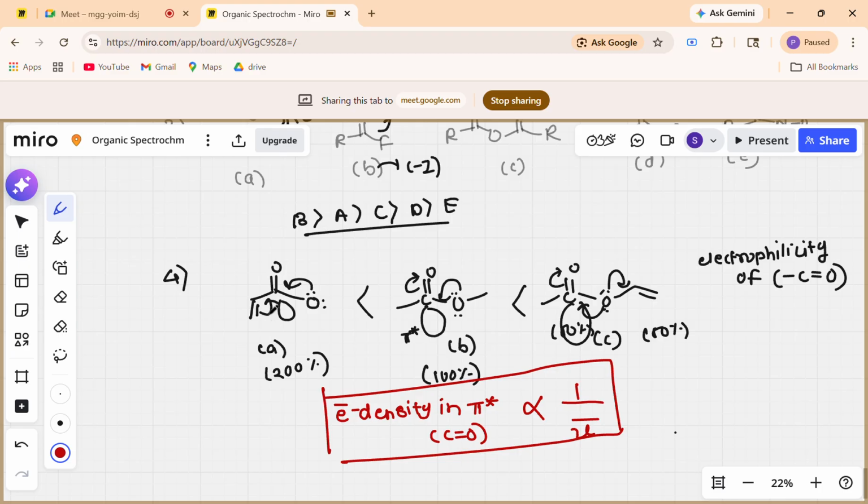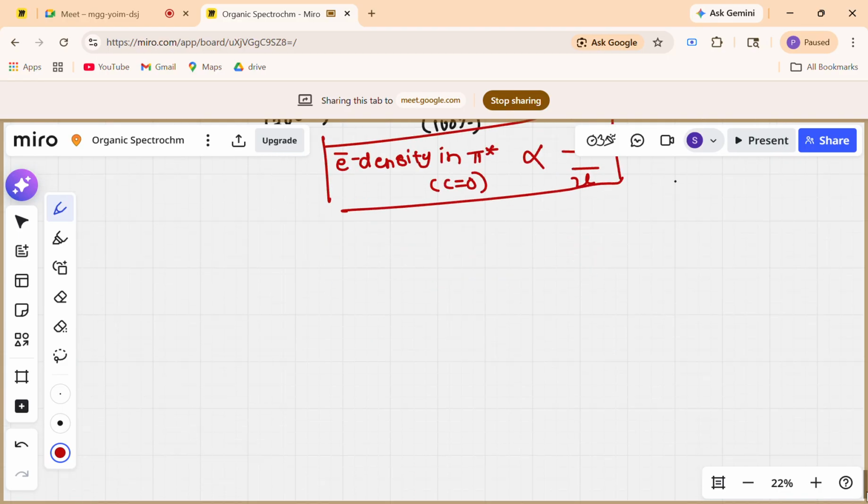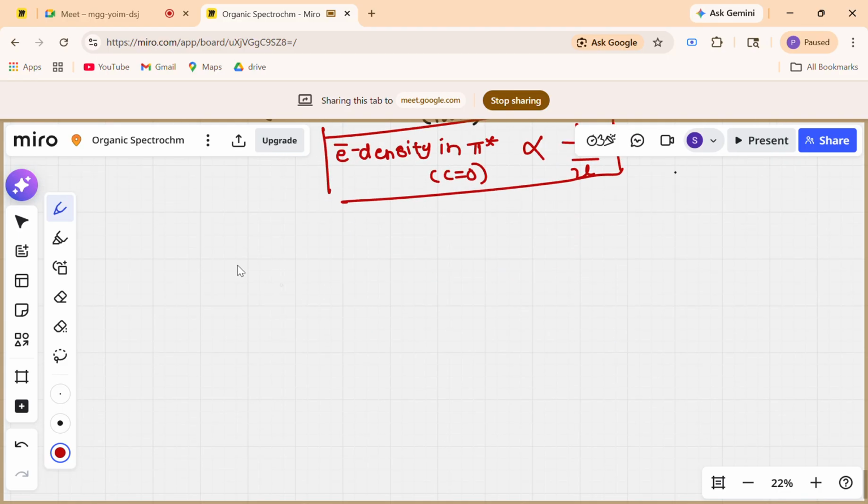The basic principle to highlight is, as the electron density in the pi star orbital of C double bond O increases, the corresponding stretching frequency will decrease. So they are inversely proportional to each other, okay? This is important. You can remember it or apply the concept this way, or just through electrophilicity; both are the same concept. When electron density goes toward the carbonyl group, the carbon electrophilicity is reduced, right? Based on that principle, you can mark it as C greater than B greater than A. Clear, right?